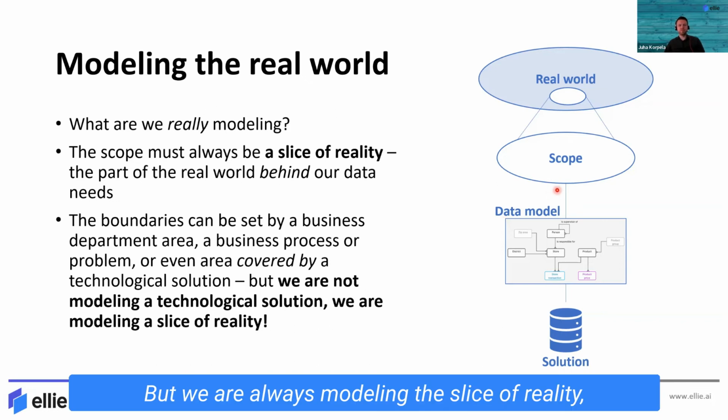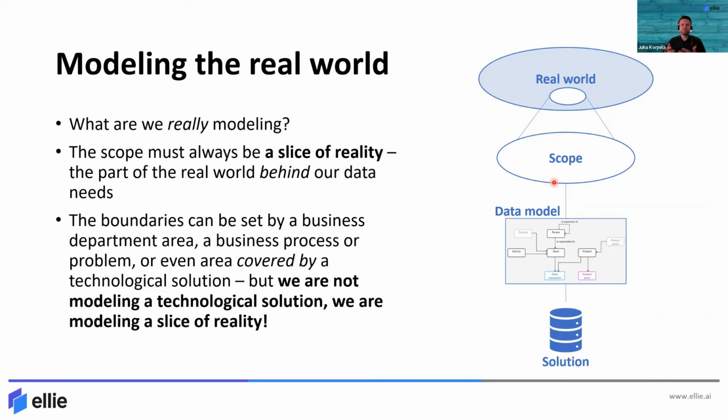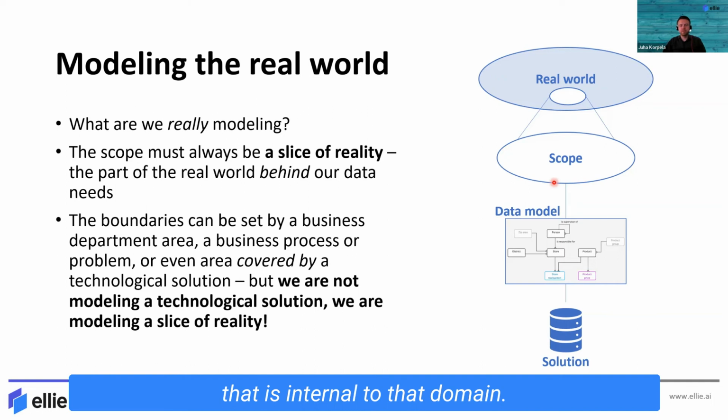But we are always modeling the slice of reality, no matter what the boundaries of the scope are. Now, if the boundaries of the scope are purely within a specific domain, then of course that is internal to that domain, but not all scopes always match the boundaries of domains.